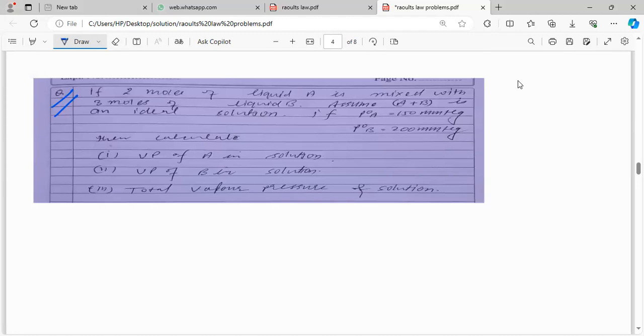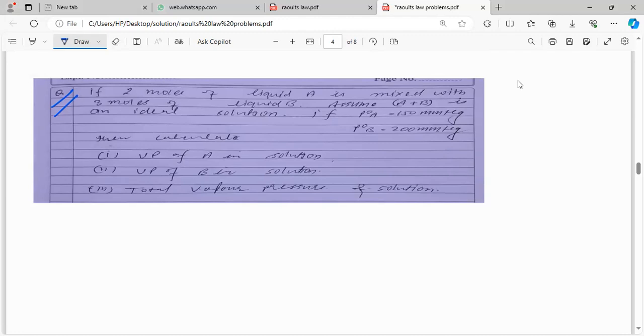Read the question. Don't write the question. I am sharing it right now only. It is there with me. Liquid A is mixed with 3 mole of liquid B. Assume A plus B is an ideal solution.